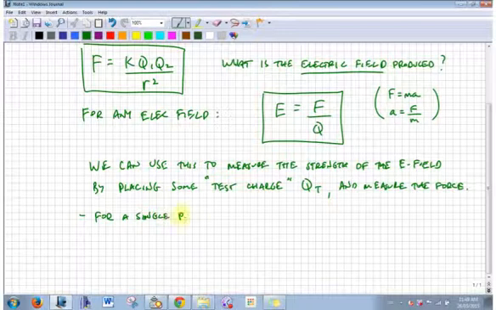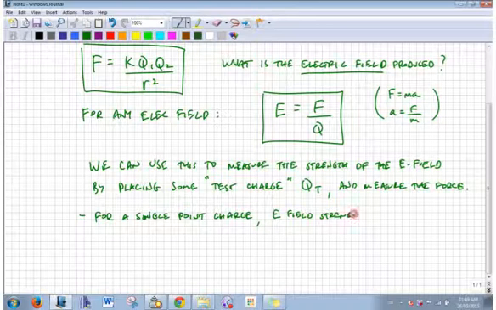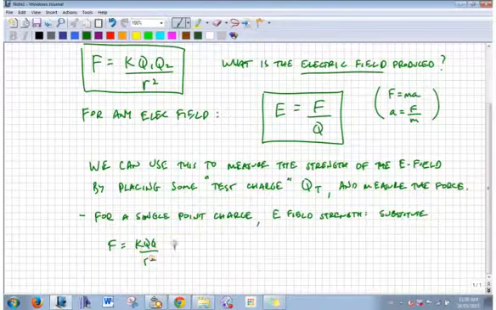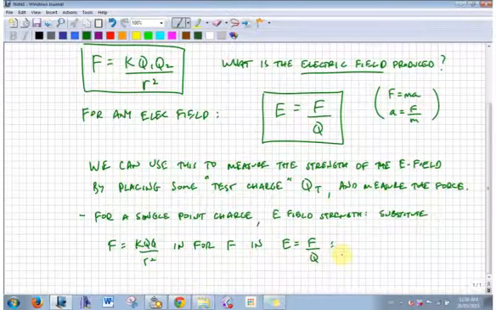For a single point charge, the electric field, substitute that in for F in this. So what do we got?